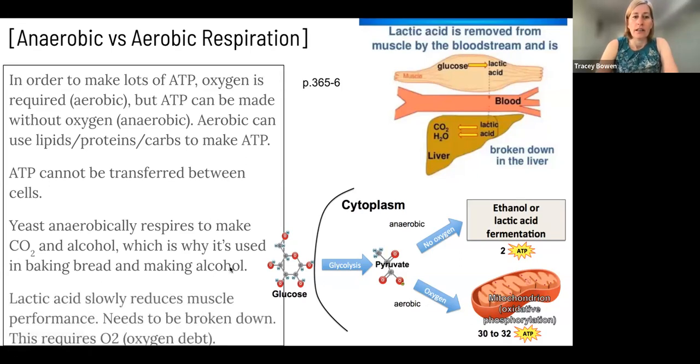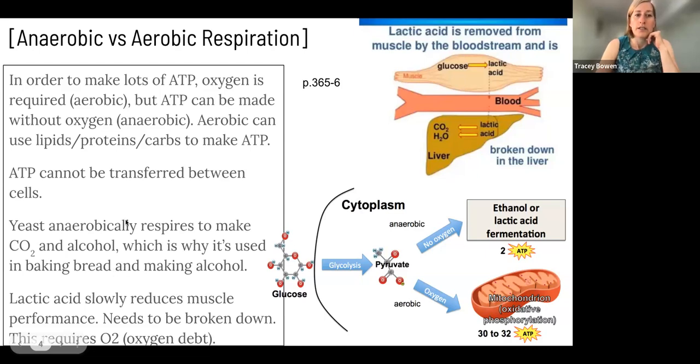And lactic acid will slowly reduce muscle performance. It needs to be broken down, and that's going to require oxygen to break that lactic acid down. So that's called an oxygen debt. That's about the extent of what you need to know for that. But that oxygen debt is how much oxygen is needed in order to break down lactic acid buildup.